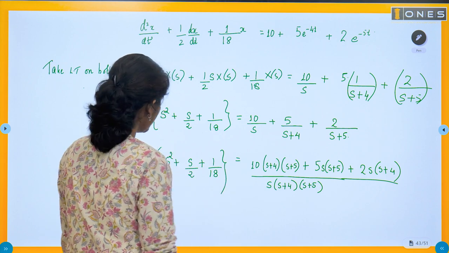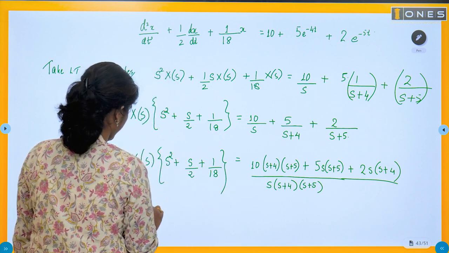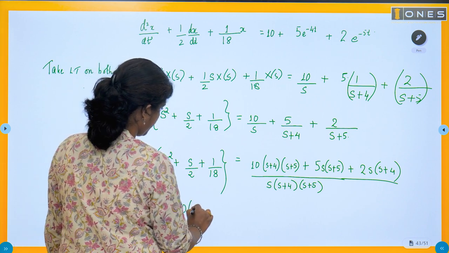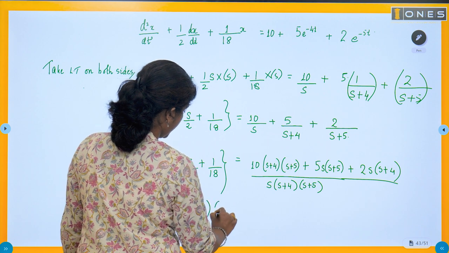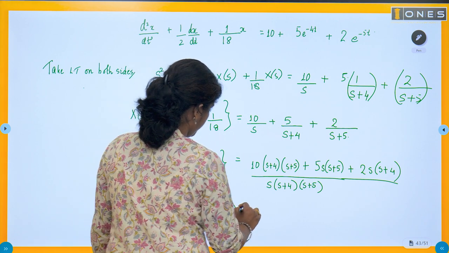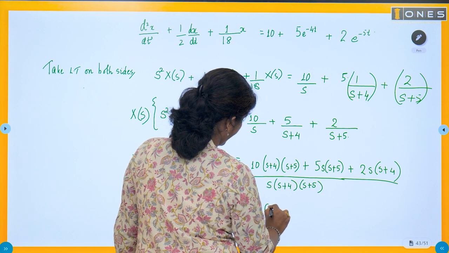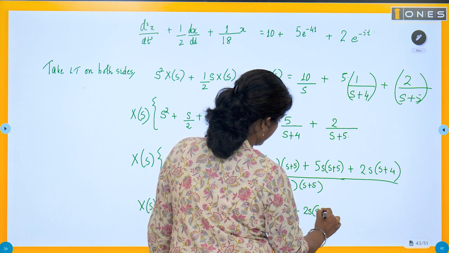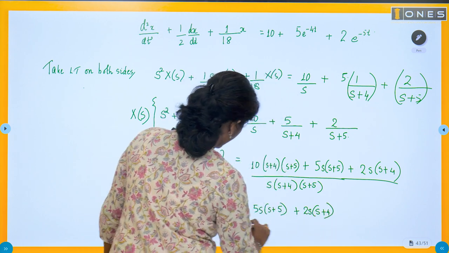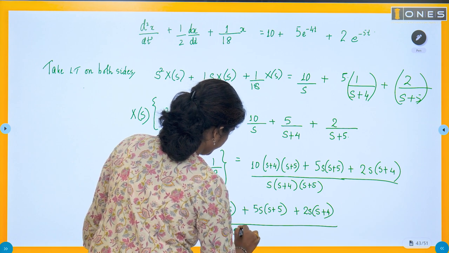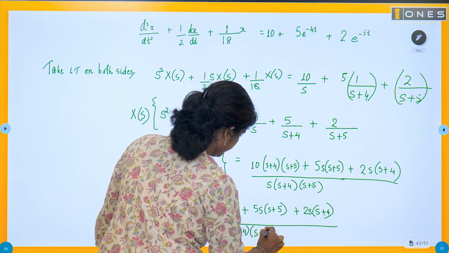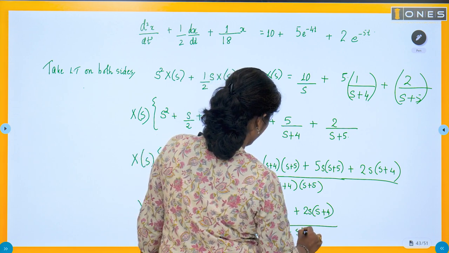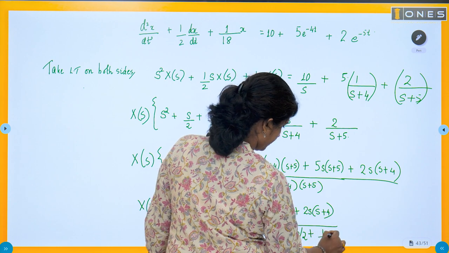So X of s is equal to 10 into s plus 4 into s plus 5 plus 5s into s plus 5 plus 2s into s plus 4, divided by s into s plus 4 into s plus 5, the whole divided by s square plus s by 2 plus 1 by 18.